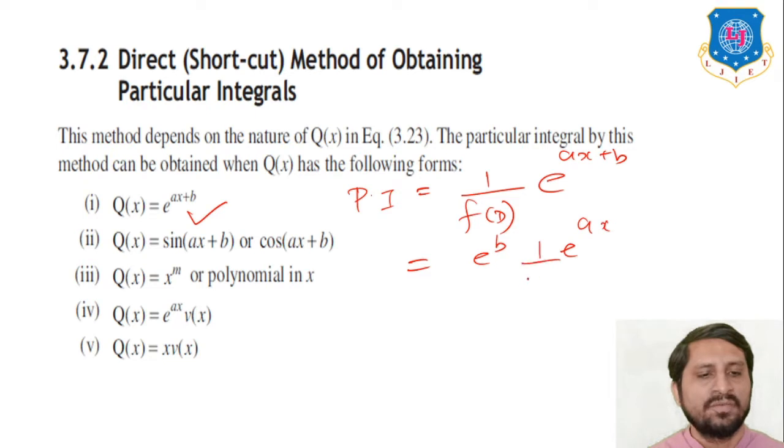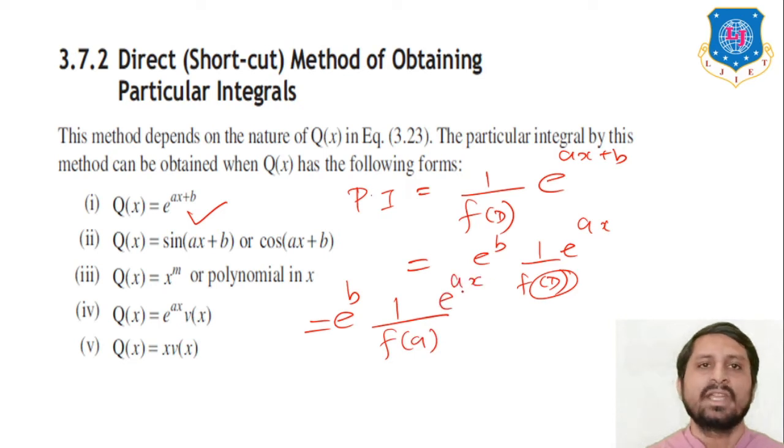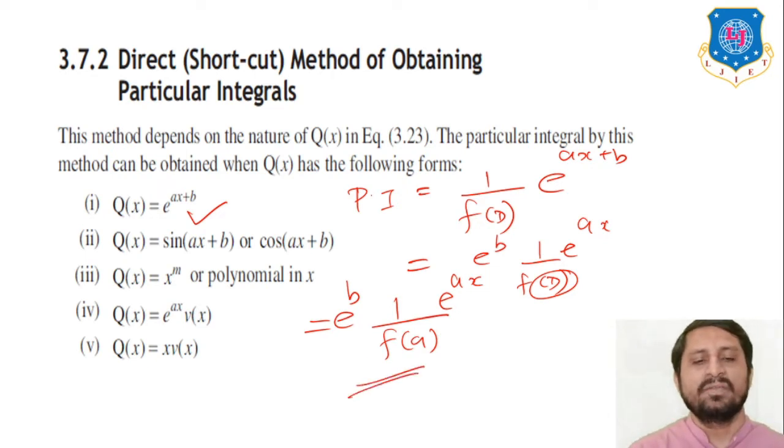Then instead of D we can take a, so for the direct method it is 1 upon f(a) into e raised to ax. Clear? So instead of D we can take a.